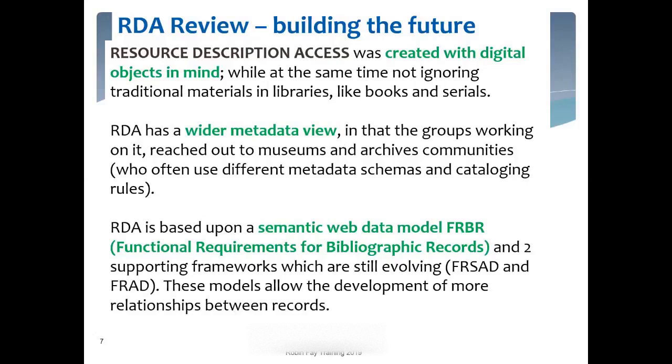Functional requirements for bibliographic records came first, and then from there you had the authority data and then the subject authority data. But in the meantime, as the functional requirements for bibliographic records was nailed down in that first version, you had the development of RDA happening. And they're not all written by the same groups of people, so you can see where there would be potential for things not to work quite seamlessly.